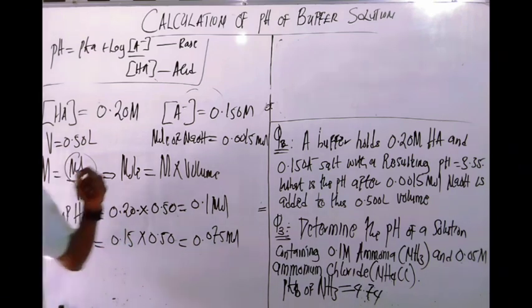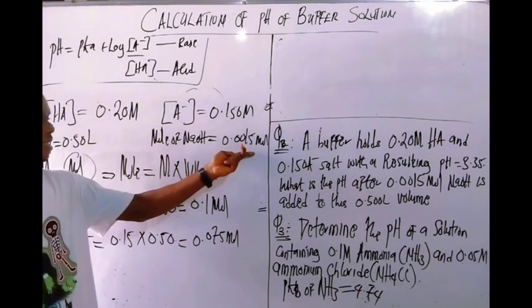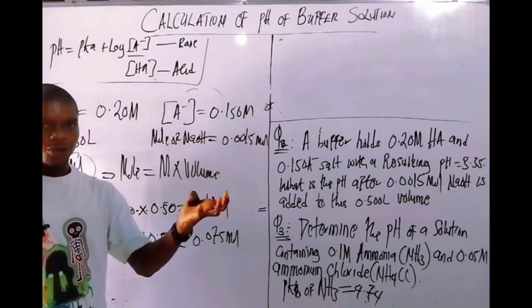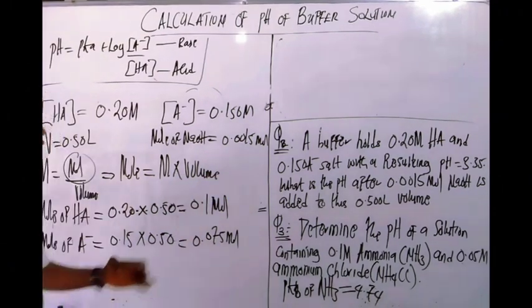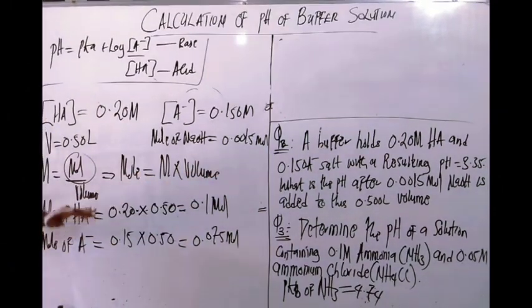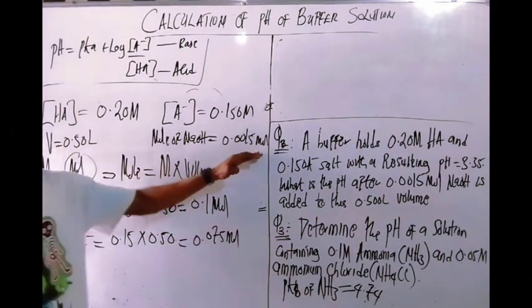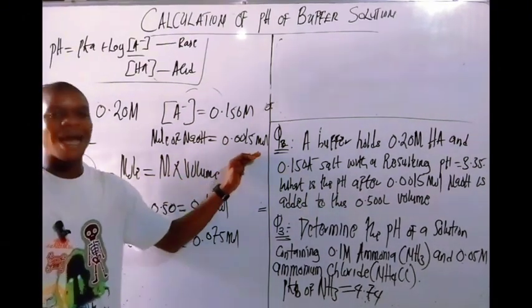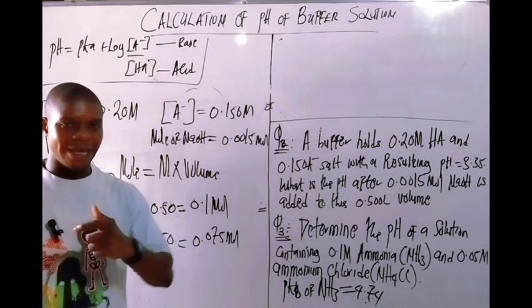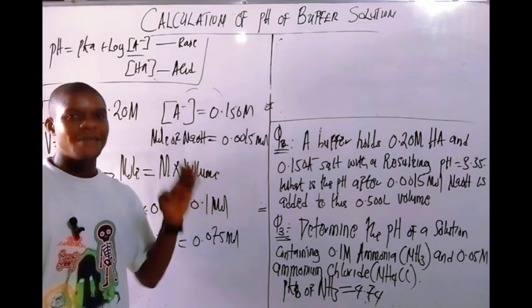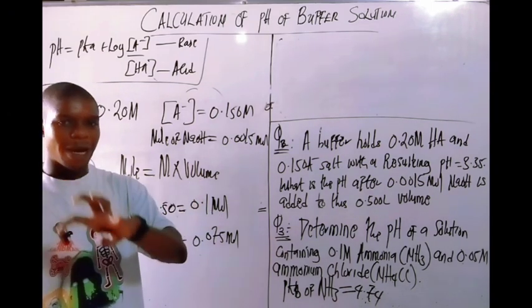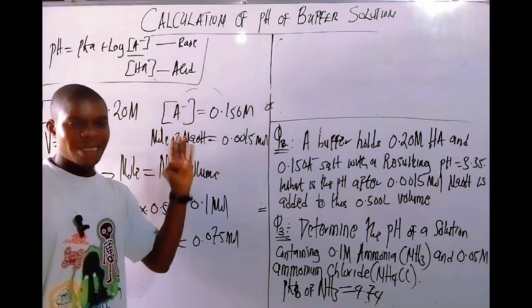Because when this one was added, you are going to get a new mole. So you are going to subtract this one from the acid, and add this one to the base. Do you understand? Whenever you're adding a base to a buffer solution, you only subtract that amount from the acid, and add it to the base.